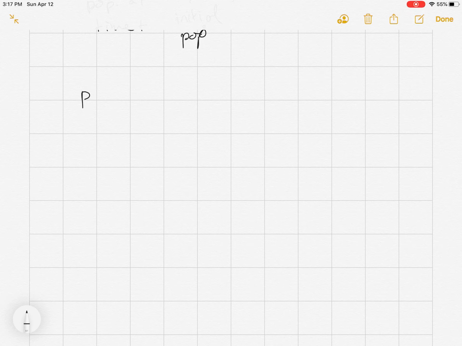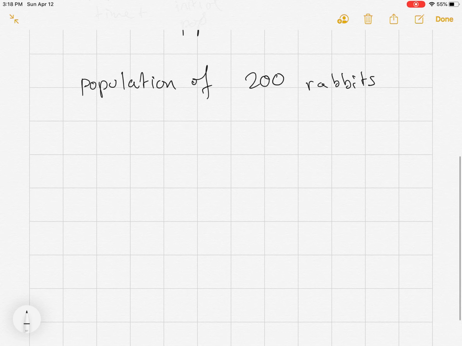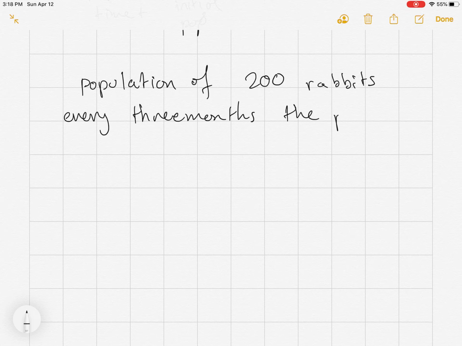Let's say that we have a population of 200 rabbits on a little island somewhere, and we want to model the growth of these 200 rabbits over time. We're going to say that every 3 months, the population size doubles.